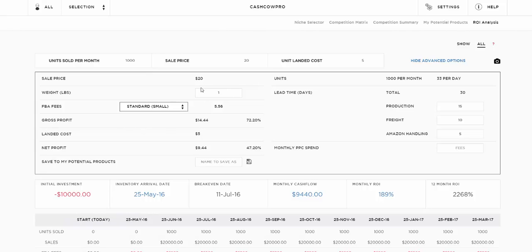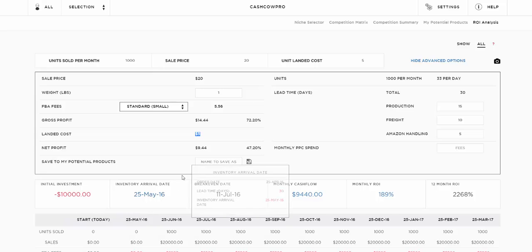The gross profit is simply the sales price, take away the FBA fees. So for every sale you make, $14.44 comes back to you, or 72%. You take away the product cost of how much the item cost you, including freight, 5, leaving you with $9.44 or 47.20% margin. That's great. That's a good item.